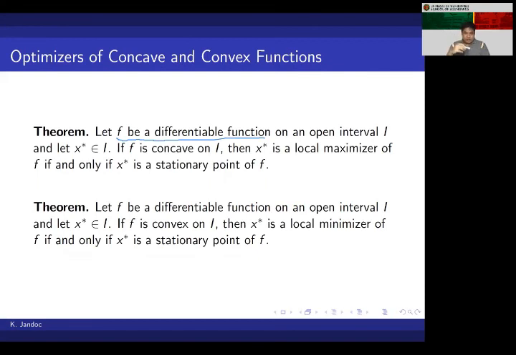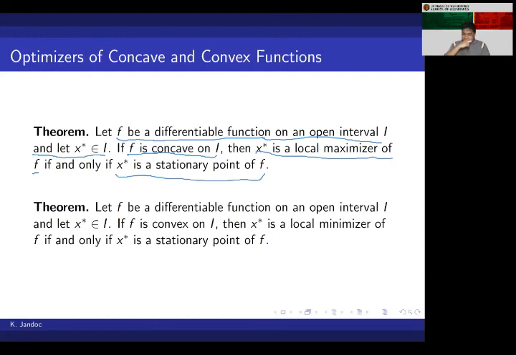So f is a differentiable function on an open interval I, and let a particular point there, call it x star, be an element of I. If that function f is concave on that domain, then x star is a local maximizer of f if and only if x star is a stationary point of f.